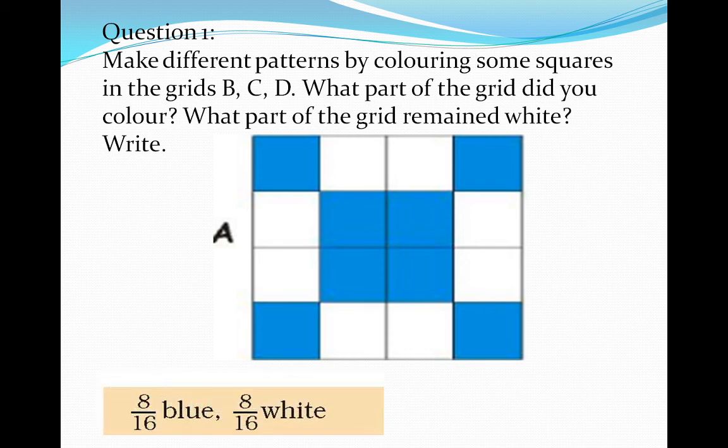We can write it this way: 8 upon 16 are blue. That means out of 16 squares, 8 are blue colored, and out of 16, 8 are white colored. So we can write 8 upon 16 remained white. So 8/16th part of the grid is blue and 8/16th part of the grid remained white.